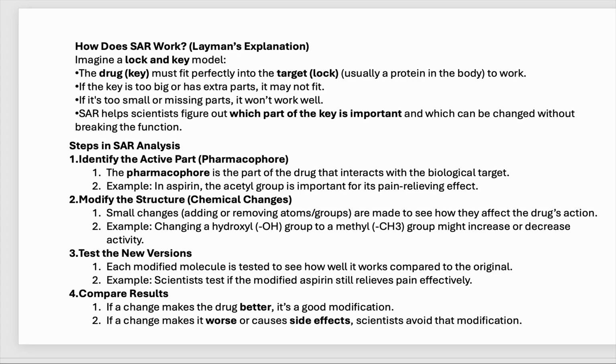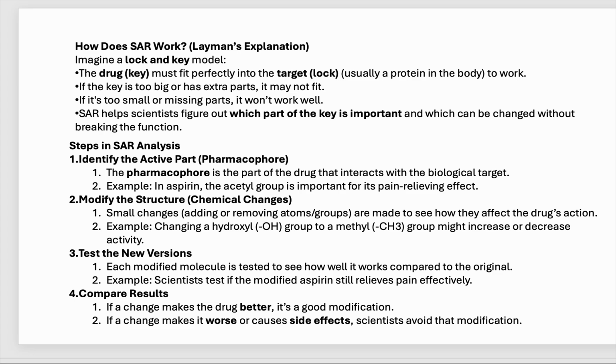So each modified molecule is tested, and so you had one molecule that was working well, so you modified it, you added another, say, acetyl group into it. Now you want to check, okay, so this is the original one, this is working, say out of 10 it's working 10, 10 on 10, so it's very good. Now you want to have a drug that works better than 10. So after this modification, does it work just like the previous one?